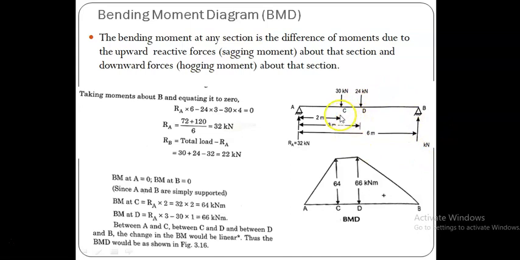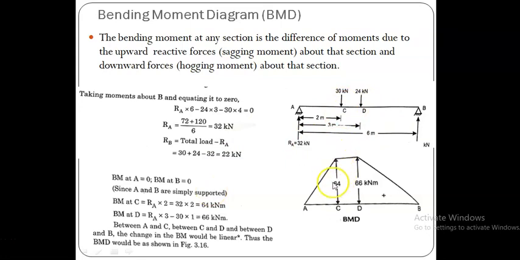It is sagging, therefore positive. Then 24 into 1 is the applied force into distance, which produces hogging. Therefore it is minus 24 into 1. So 88 minus 24, finally we have 64 kilonewton meter. The net moment is sagging.